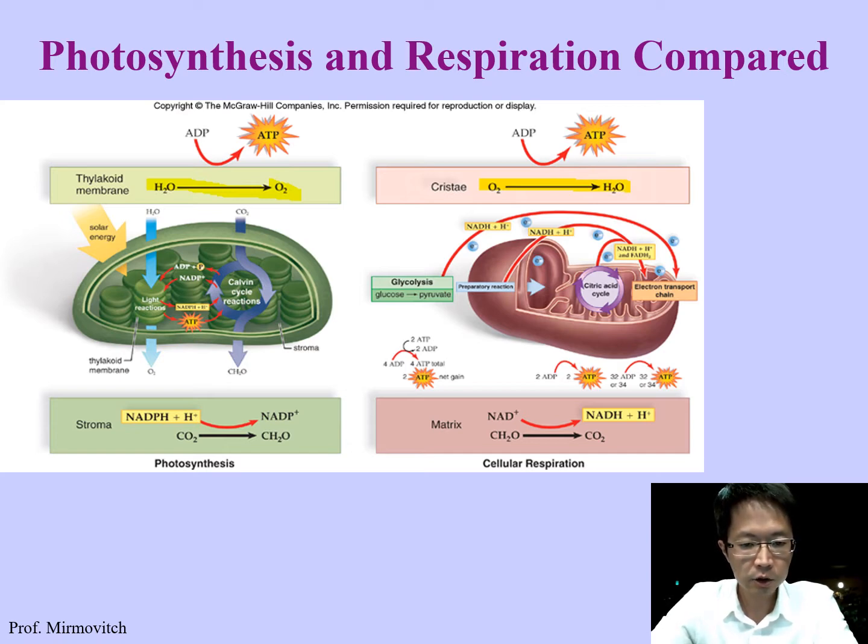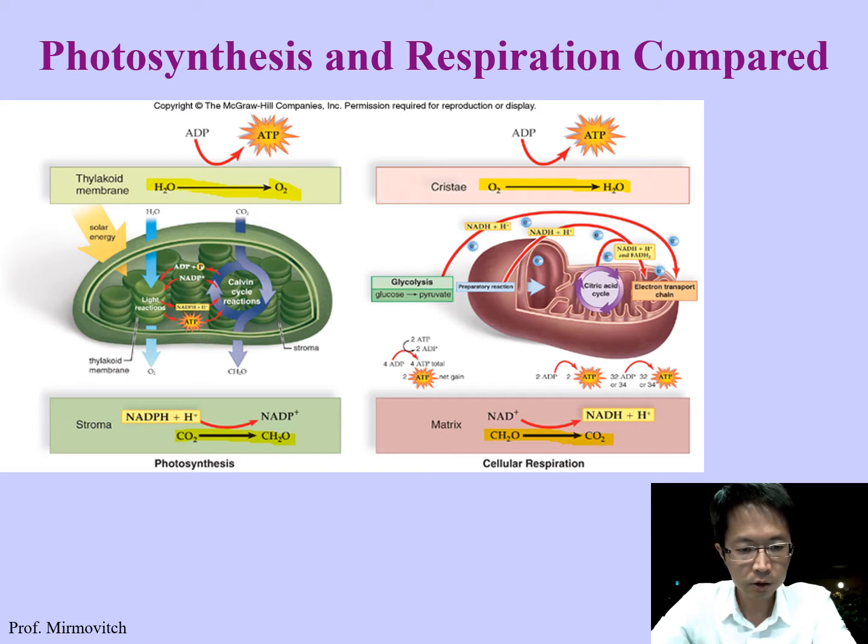And then in the stroma, you see that carbon dioxide becomes the precursor sugar. Carbon dioxide gets reduced to become carbohydrate, and then carbohydrate gets oxidized to become carbon dioxide.